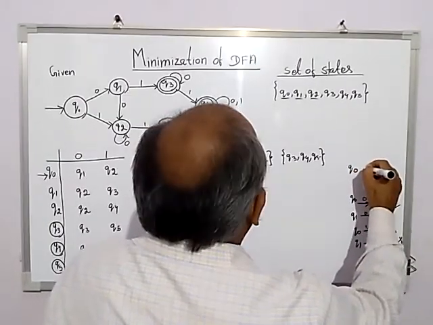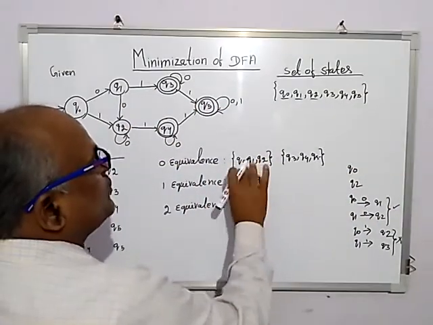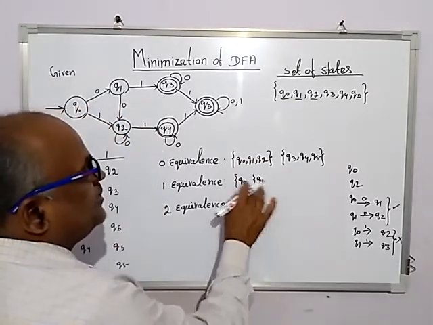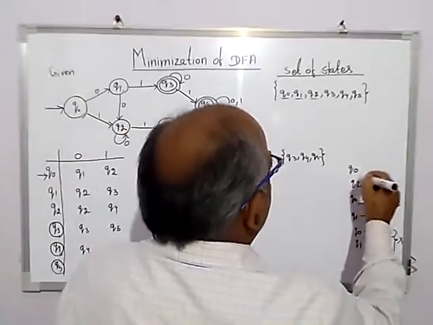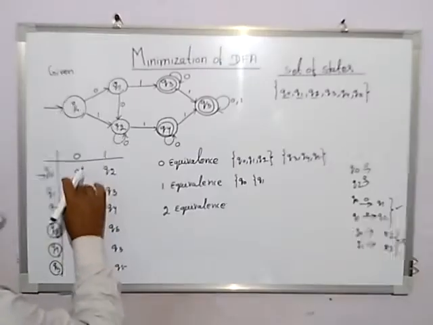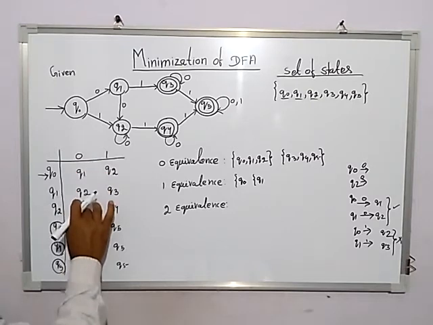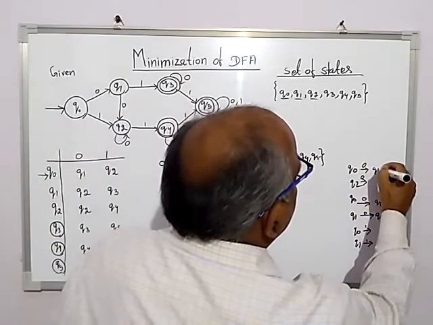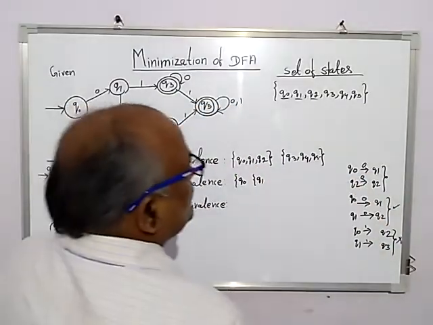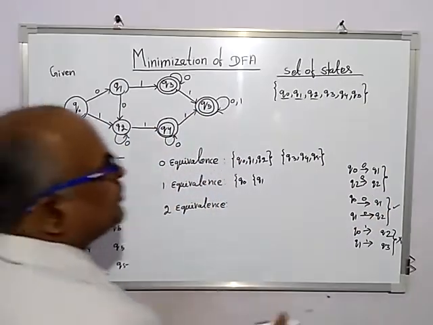Because I have separated Q0 and Q1, we consider Q0, then Q2. For Q0, Q2 on 0 input, the next states will be Q1, Q2. These are in the same set. So these are 1 equivalent so far. That means Q0 and Q2 are 1 equivalent for input 0.